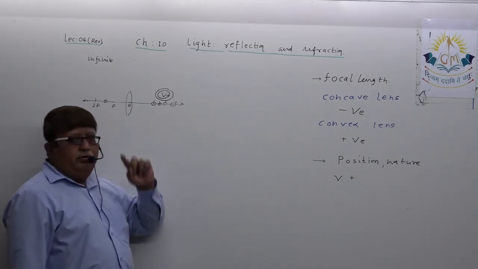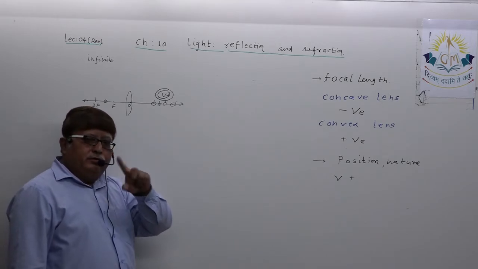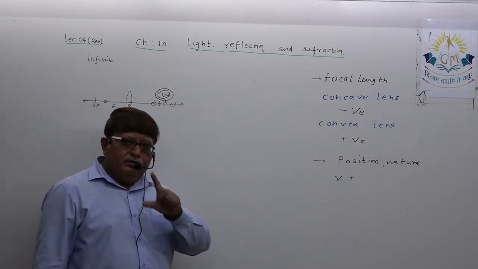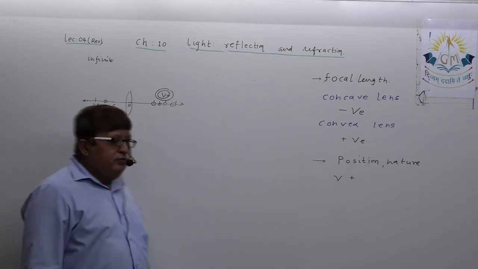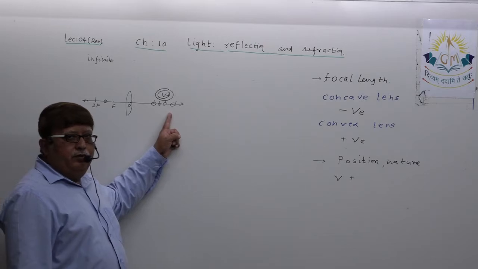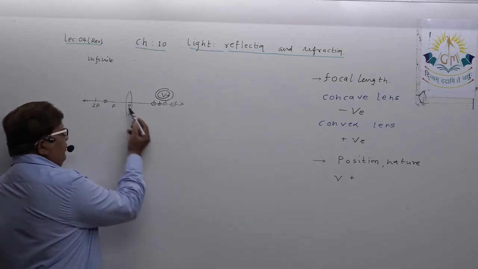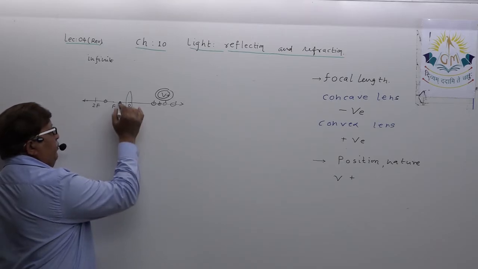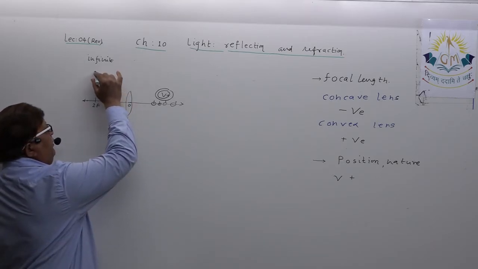I haven't discussed one diagram regarding the convex mirror yet. I just want to make the basics clear. I have just discussed the four images. I haven't discussed the image obtained when the object is placed between optical center and focus, because you know the image is formed somewhere here.